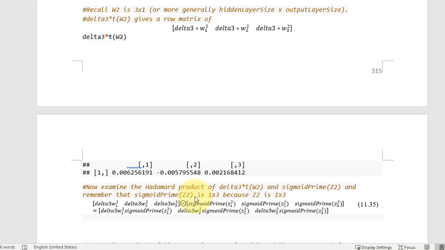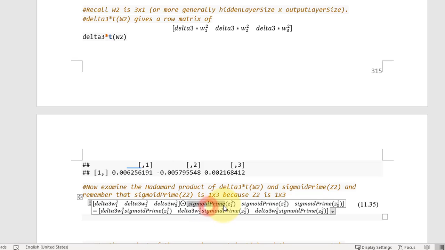Now we examine the Hadamard product. Let's just go through this a little bit more. So of this one with this one. Again, we have to make sure that this and this are the same dimensions. So we want this, that's this one, which is here, times this one, sigma prime of Z2. So sigma prime of Z2 is a matrix, so we're taking sigma prime of each element of that matrix.